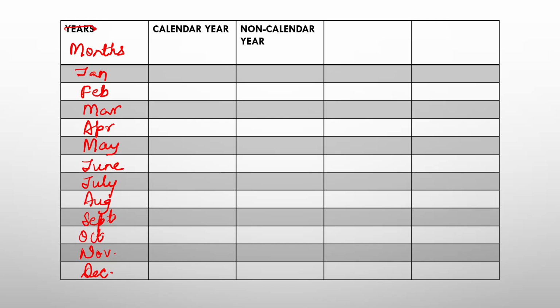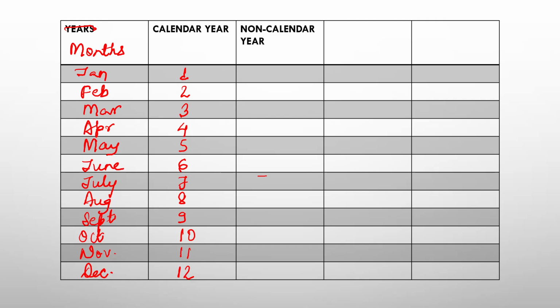These are the 12 periods. In case we follow the calendar year, there is no confusion. January will be the first period, February the second, and likewise the remaining periods will follow.